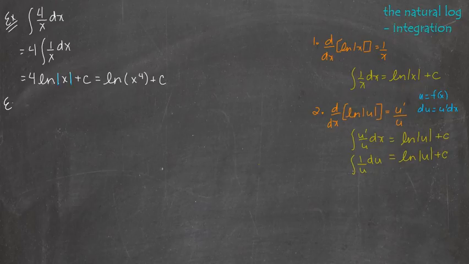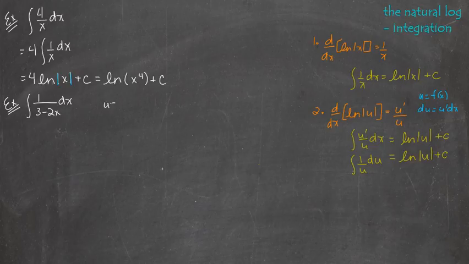So now let's do an example that involves type number 2. We want to find the antiderivative of 1 over 3 minus 2x dx. Now in this case, we're not looking at x in the denominator. The first case, all we need is a simple x or a variable in the denominator. But in the second case, we have a function of x in the denominator, so we're going to have to do a substitution.